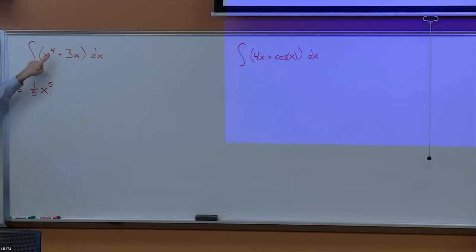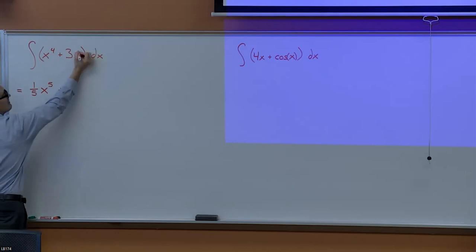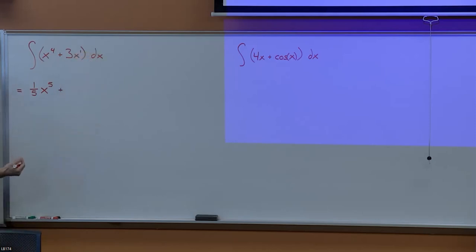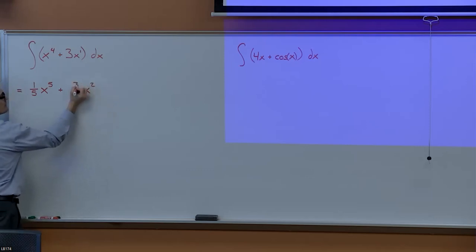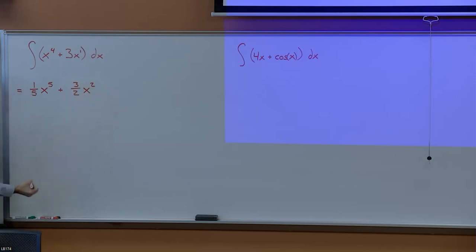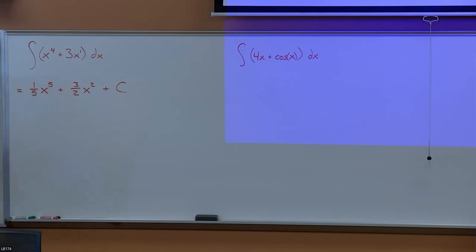So we add 1 to the exponent and then divide by that new exponent. Divide the coefficient by the new exponent. So here, this is 3x. That's an implied x to the first. So if I increase the exponent by 1, I'm going to get an x squared. My coefficient is 3/2. And then, as always, I need to take a plus c with it.